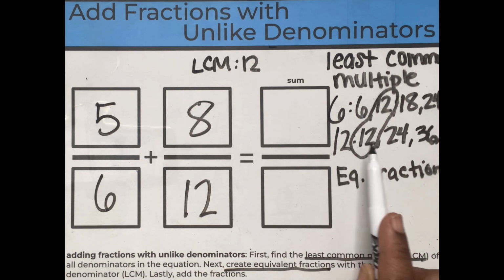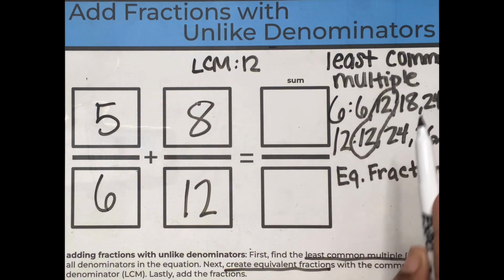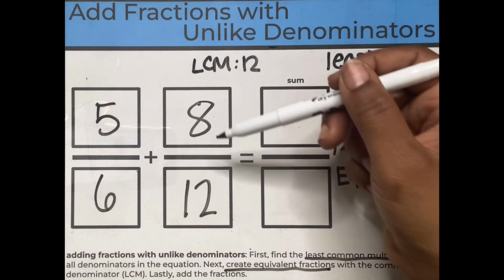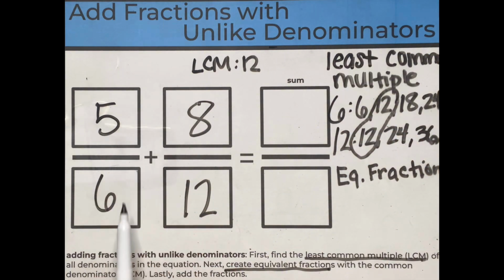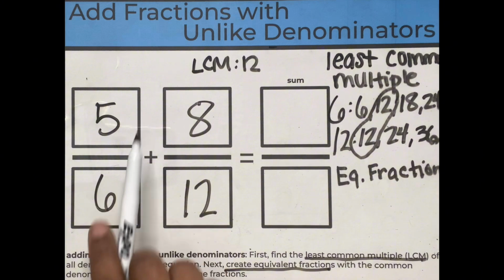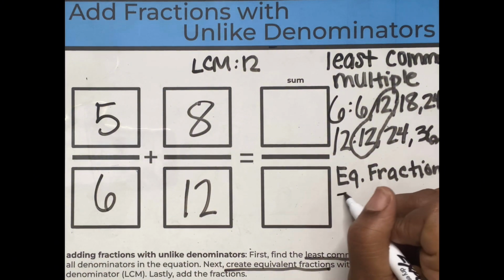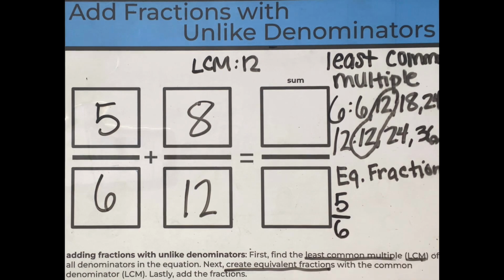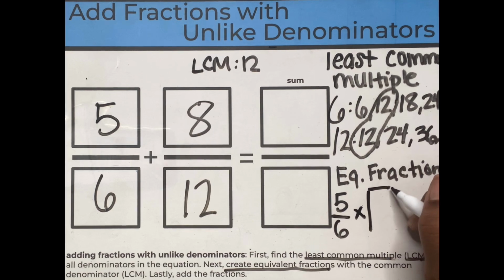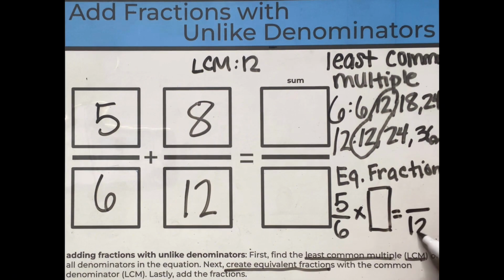But it should be in twelfths, which is what we figured out in our LCM. I have 8 of 12 pieces, and now I'm going to make an equivalent to where I have 12 pieces here as well. So the only fraction that I need an equivalent for is 5/6. And why? Remember, we have to know why we're doing what we're doing. You want to have twelfths, your LCM.